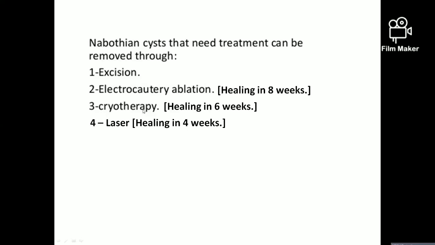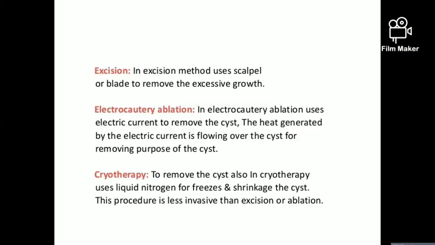Next is cryosurgery. This is an alternate option to diathermy cauterization. The refrigerants used here are, see, this is already discussed here. The scalpel is used in excision, and electrocautery ablation I have already discussed. Heat is generated by the electric current flowing over the cyst and it removes the cyst.